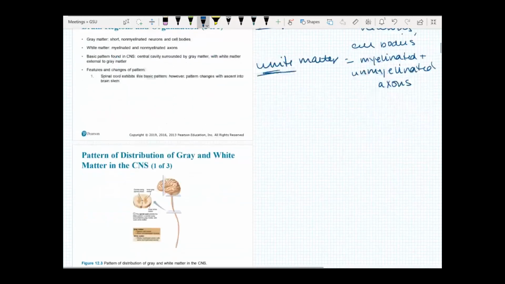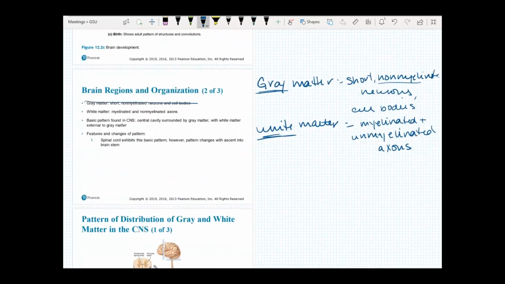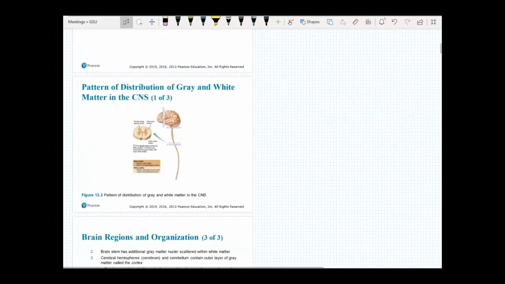So that's some terms you need to know, white matter and gray matter. That's very, very important. And as we continue, you'll see how these will come up in a couple different places. When we say white matter and gray matter, basically what we mean is, like you can see right here, white matter is the lighter, whereas gray is going to be the darker. But that is the terms for those.